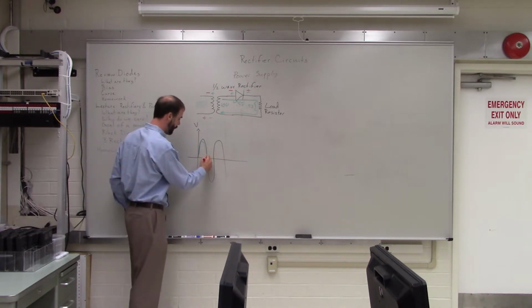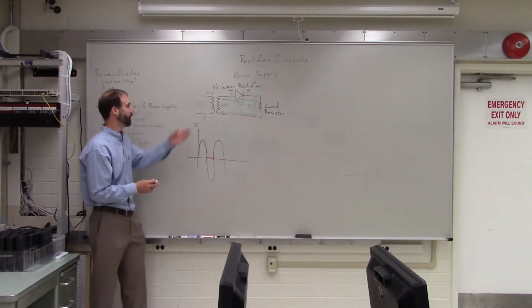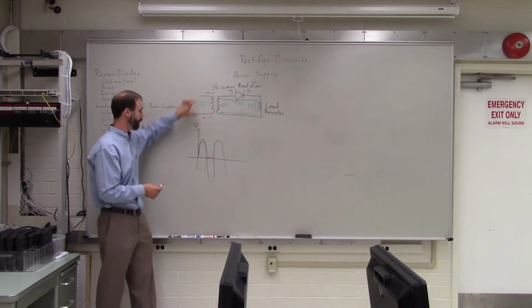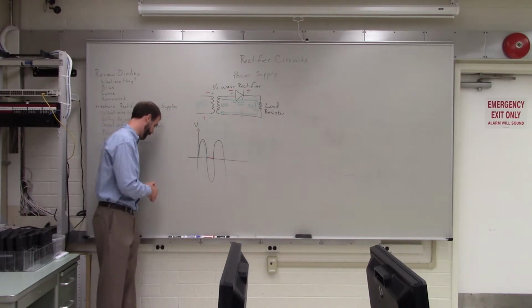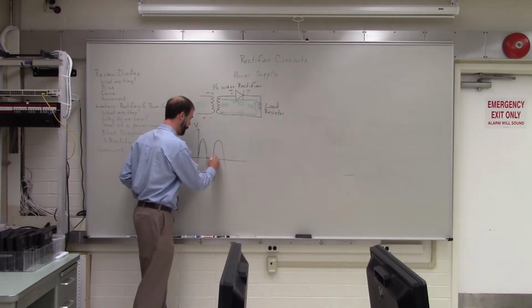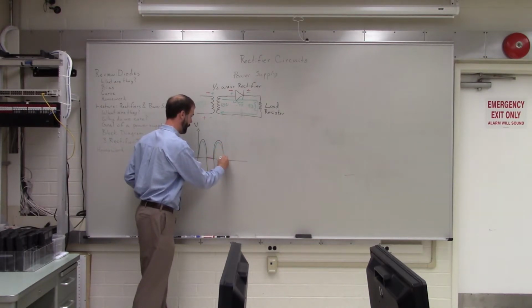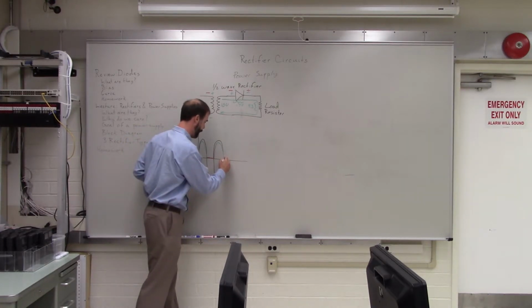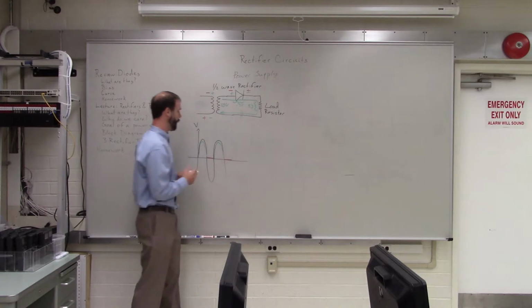So in this case, we're going to have 0 volts across our resistor. And then eventually the voltage is going to flip back around, and we're going to have positive voltage like that again, and then the output is going to be 0 again, and so on.